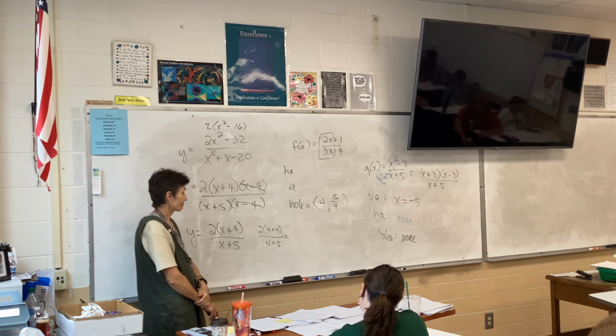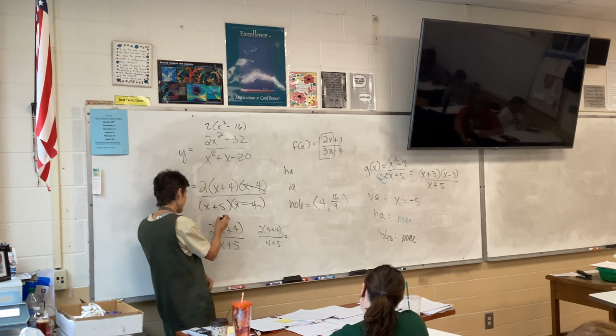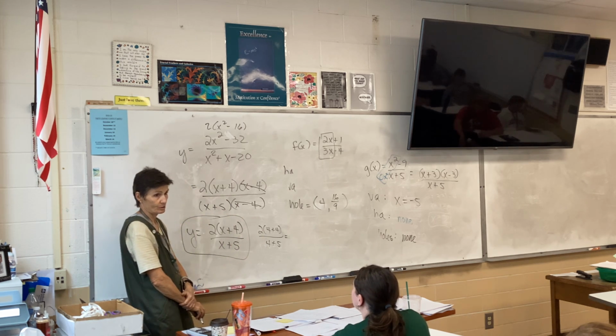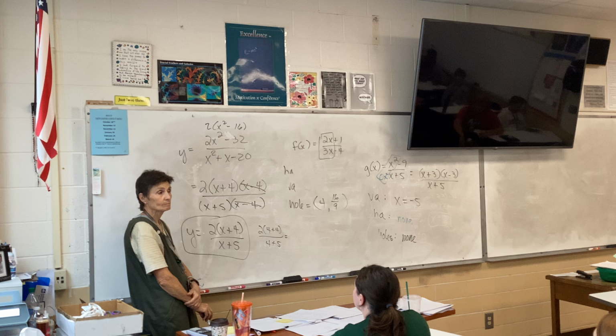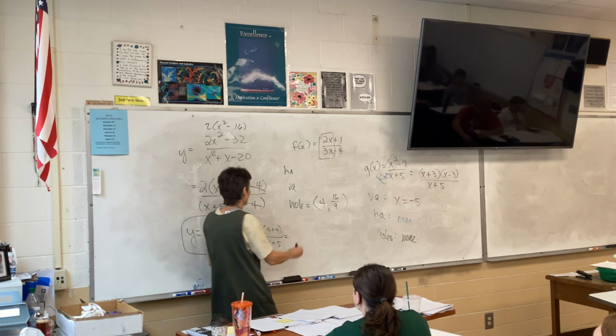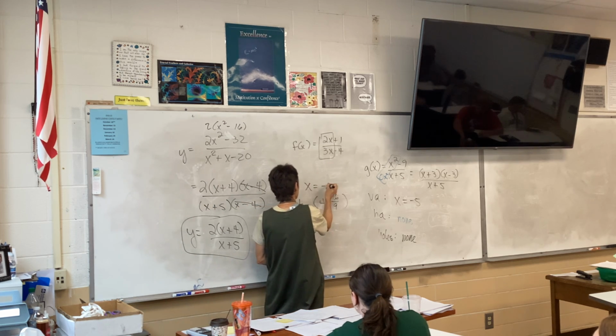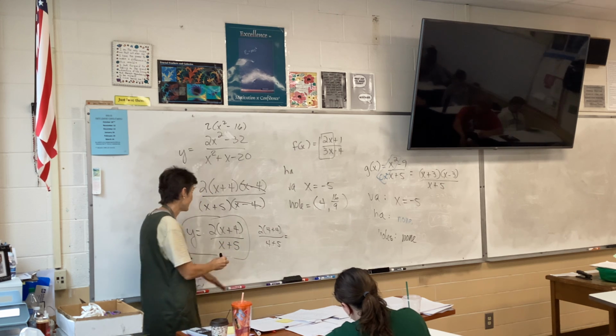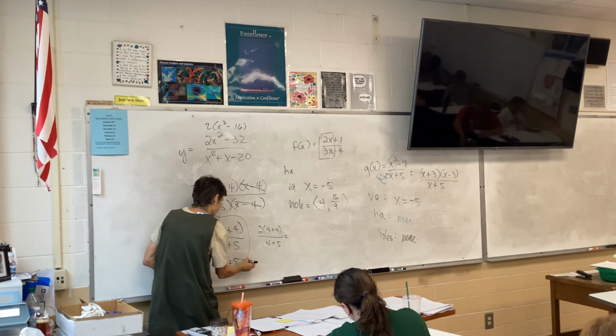Now look at this guy. Are there any asymptotes? Where are the asymptotes? X equals -5. So we have a vertical at -5 because x can't be -5.